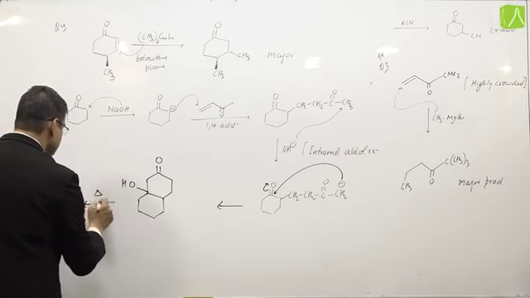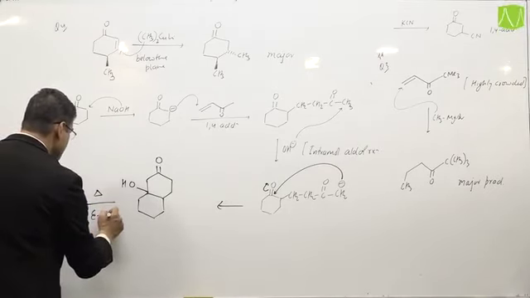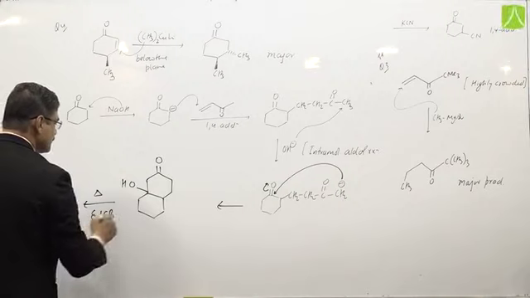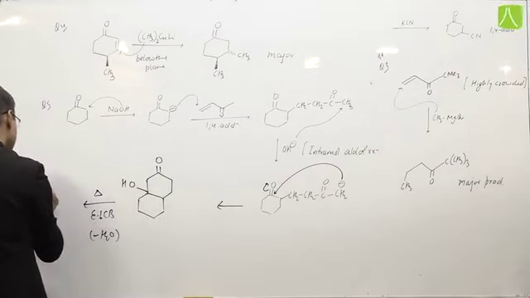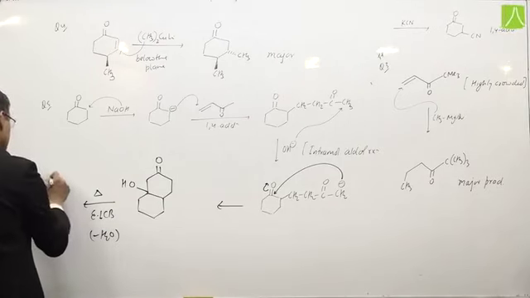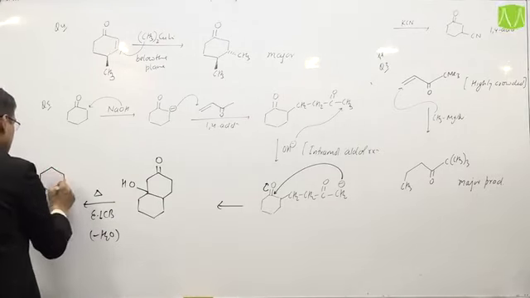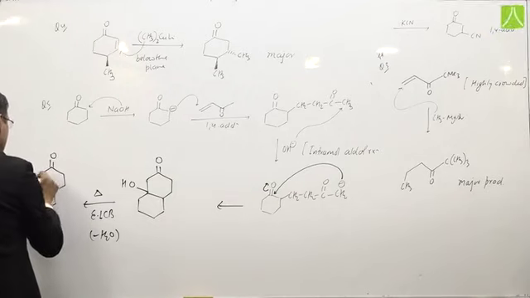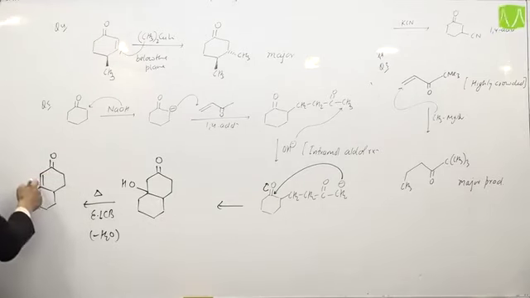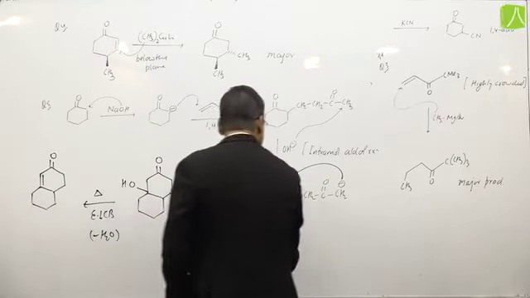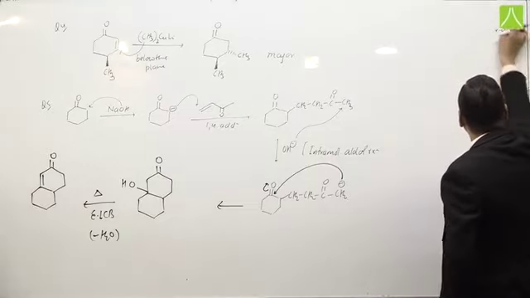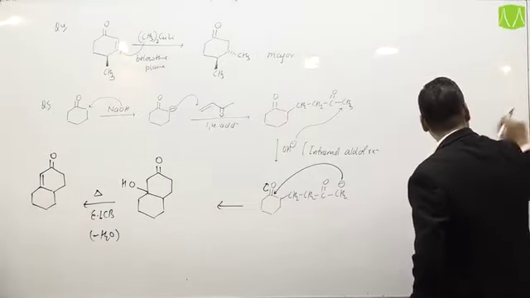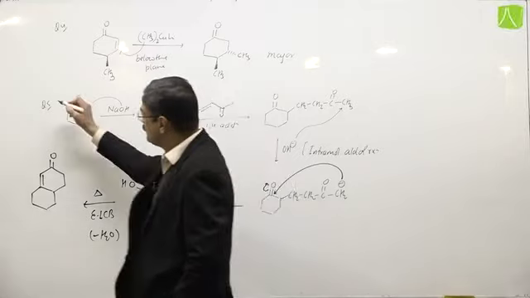After heating, in basic medium E1CB mechanism takes place and the water eliminates. So after elimination of water, we get alpha beta unsaturated carbonyl compound. This example is important example.